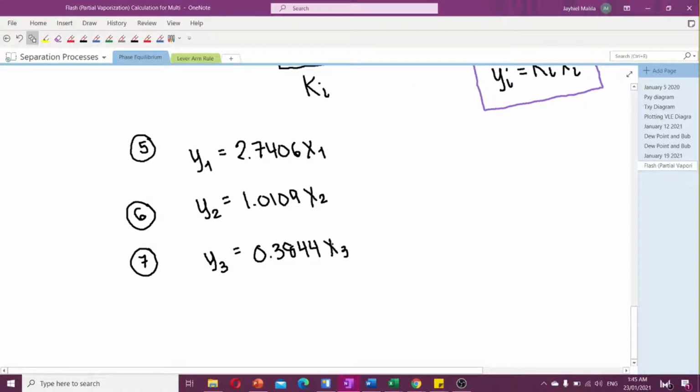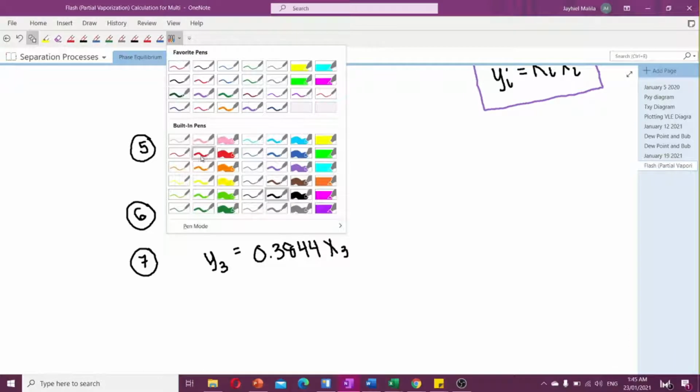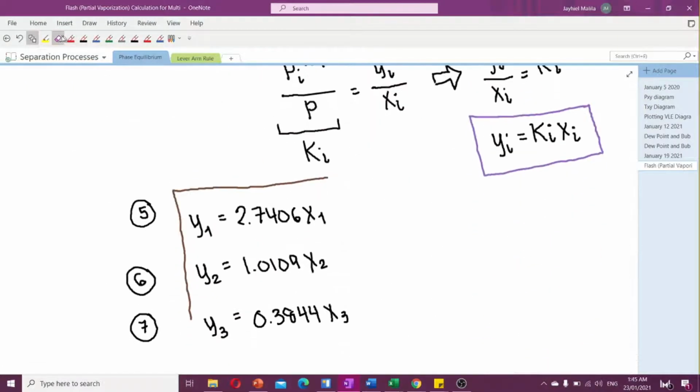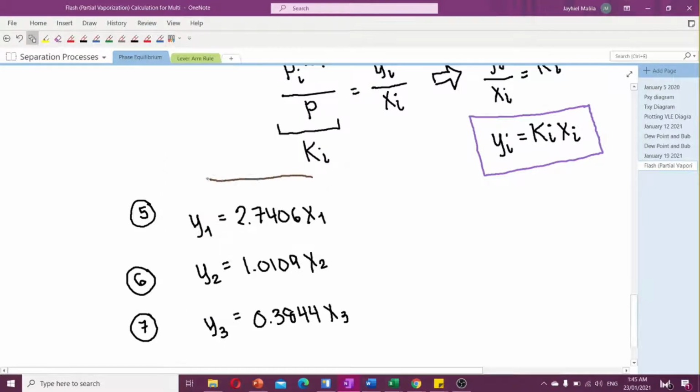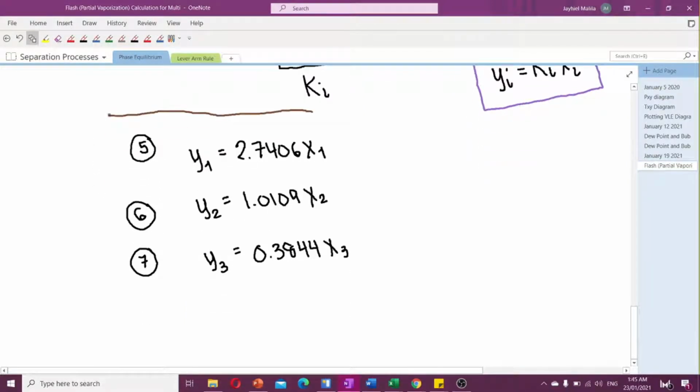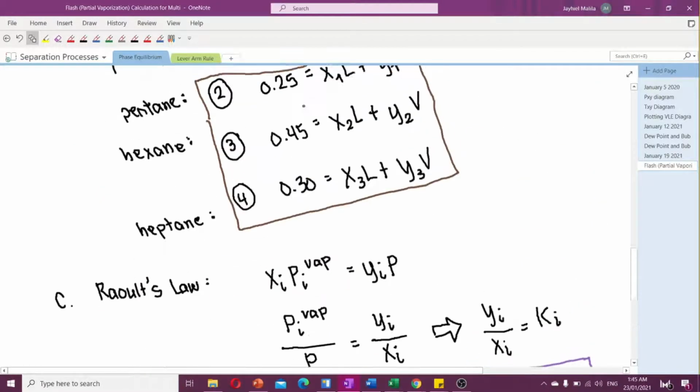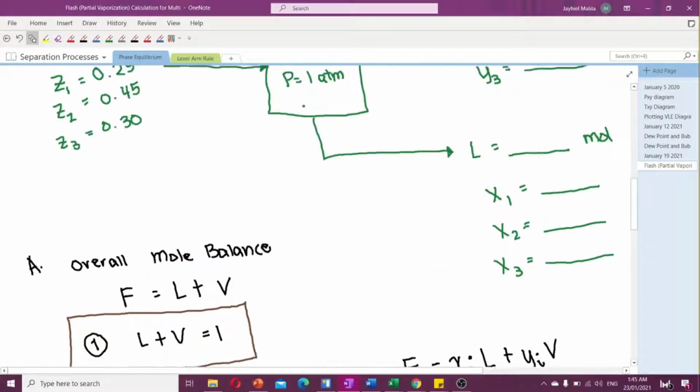So these are the equilibrium relationships for an ideal solution. Did I include the numbers? I included the numbers, so I will include them here. So this will be your 5th, 6th, and 7th equations. So we lack one. Yeah, we lack one more.